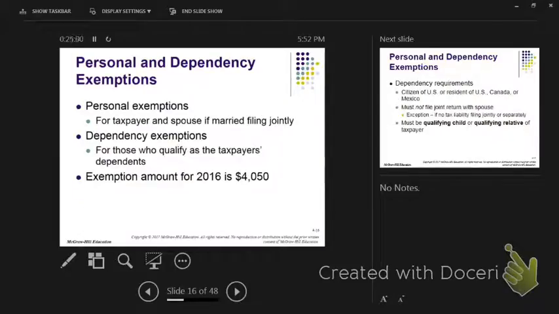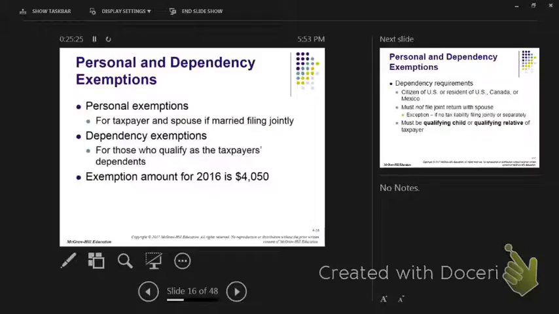Okay, the personal exemption for this year and dependent exemption is $4,050. Last year it was $4,000. So you can see the jumps from year to year are never gigantic. They're always very gradual. When you're looking on our tax returns this year and you're using the 2015 form, every time you get to line 42, it's going to say $4,000.